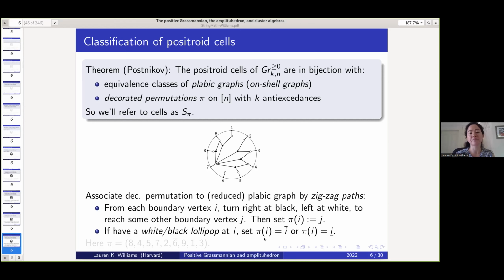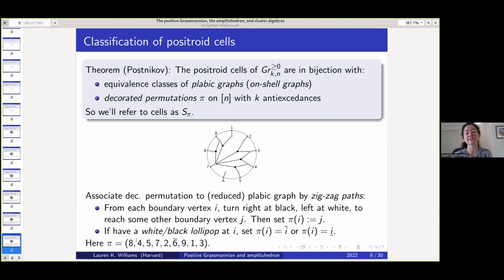And then there are 2 kinds of fixed points based on whether at your boundary vertex you see a little lollipop. Your path just sort of ends. I mean, I can view the path starting at 6 as going out to this white vertex, turning left and coming back to 6. And so in my example, I get this permutation here.